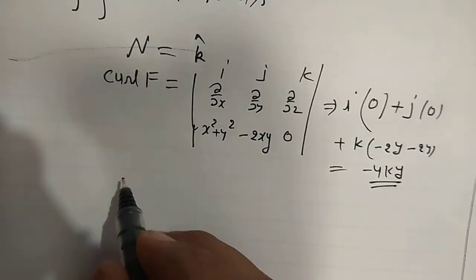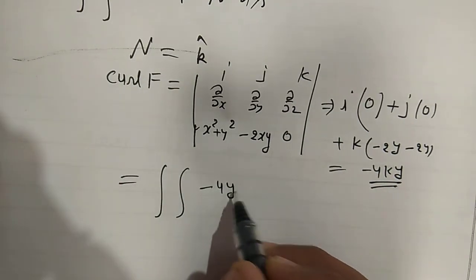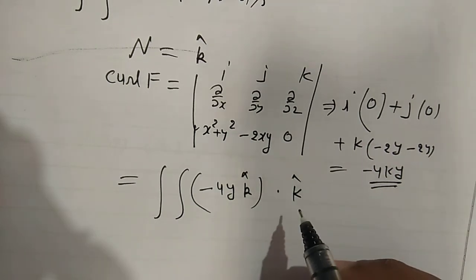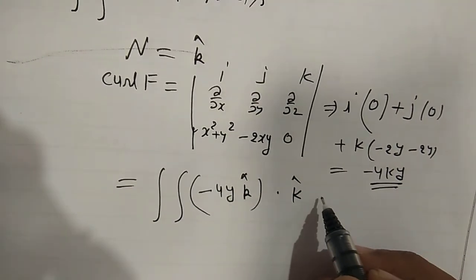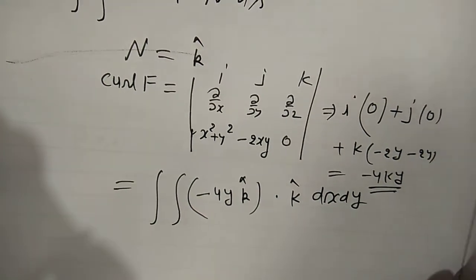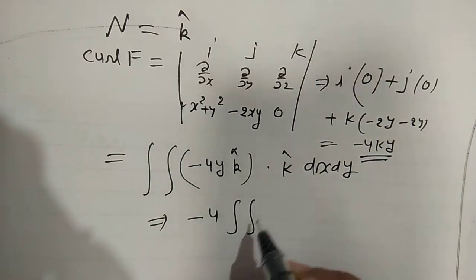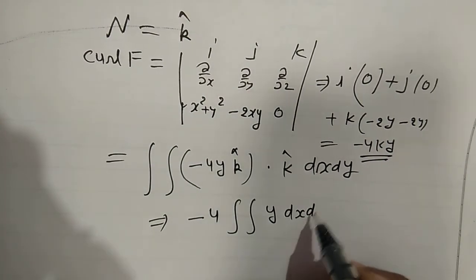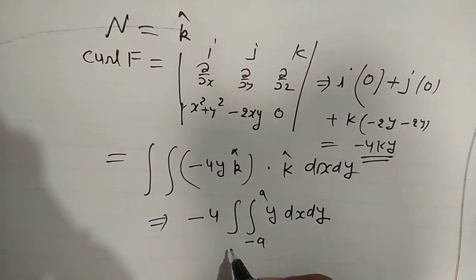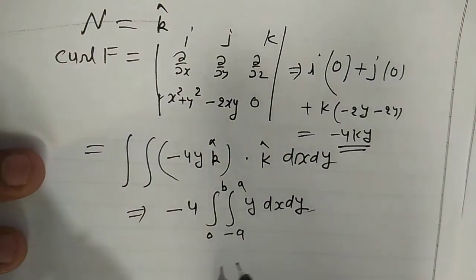So the surface integral, curl of F dot n, with n equal to k because this rectangle is on the xy plane, and this is dx dy. So we get minus 4 double integral y dx dy. The x limit will be minus a to plus a and the y limit will be 0 to b.